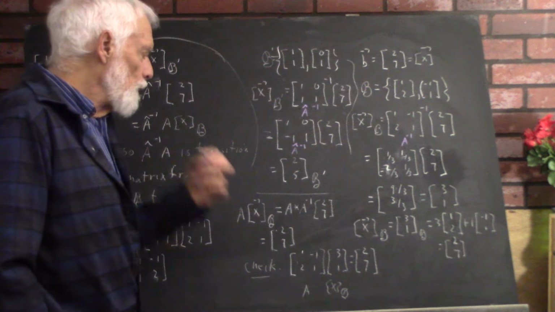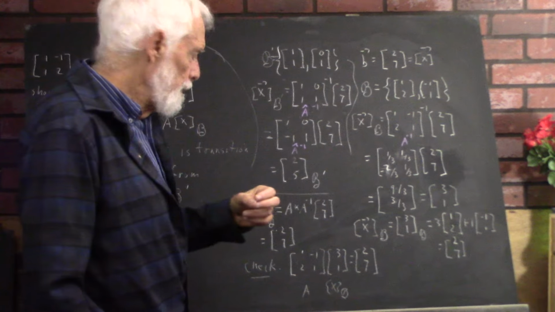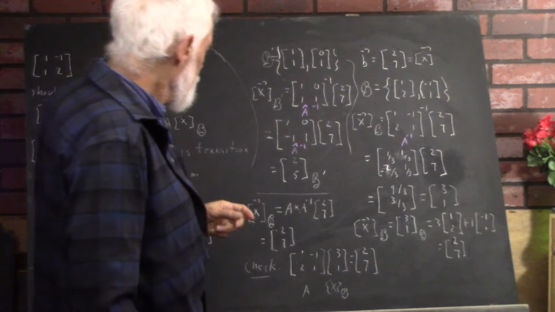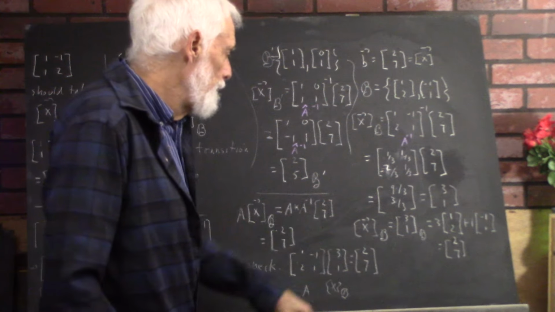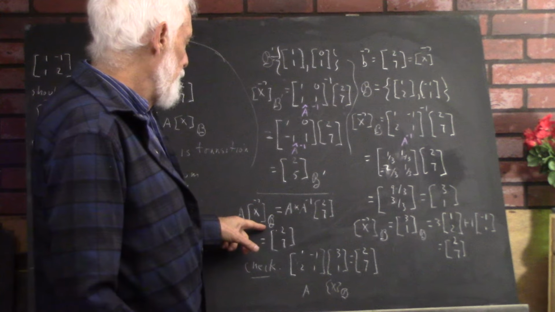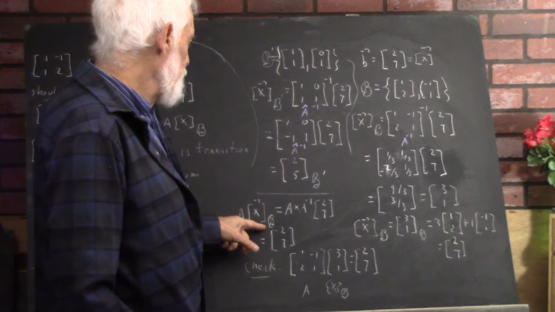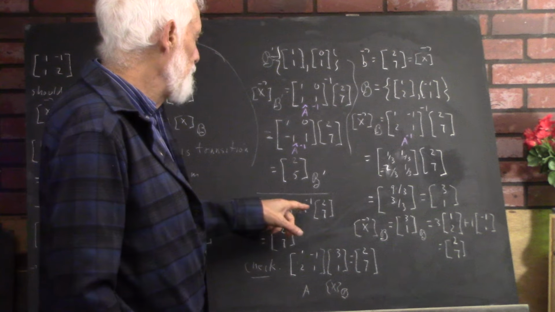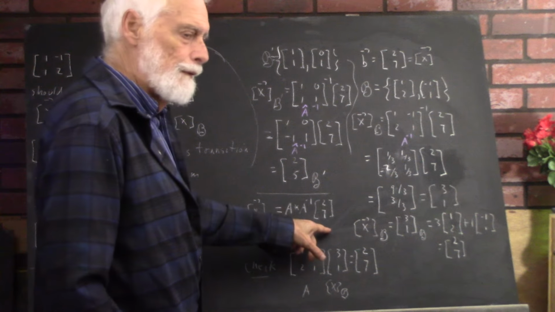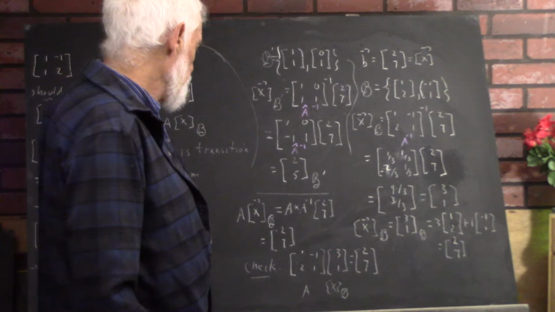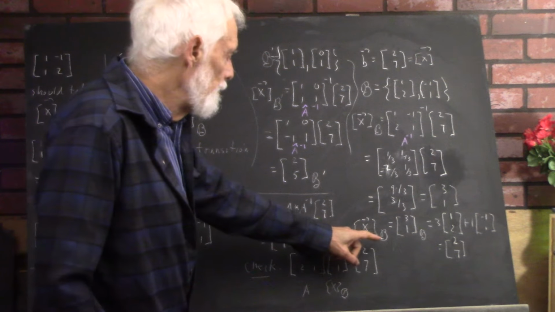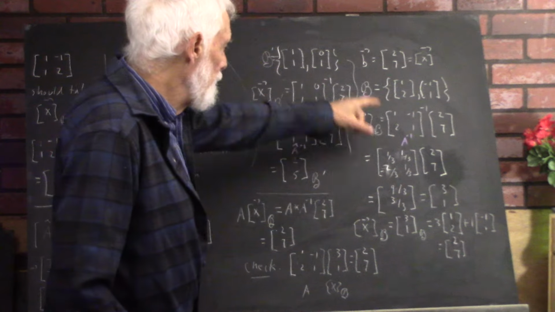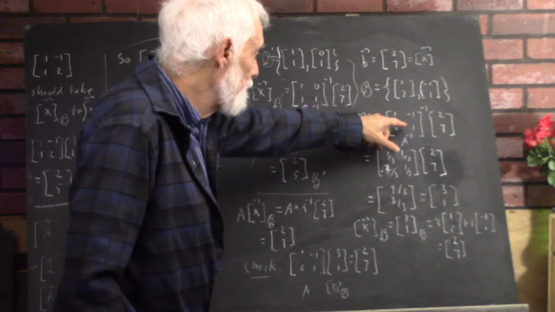Well, one important piece of the answer is if we multiply A times this vector, that's going to be A times A inverse times your original vector, A being the matrix you see inverted here.